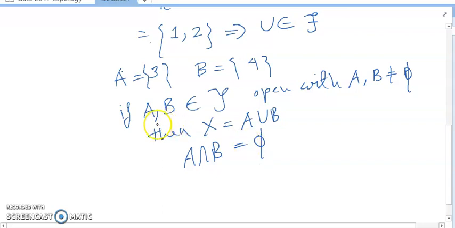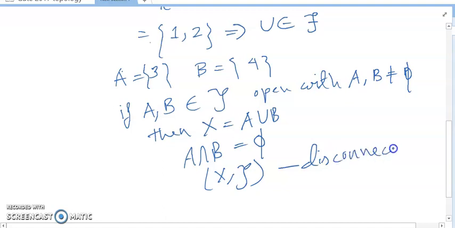Then it is disconnected. Connected set and disconnected set.